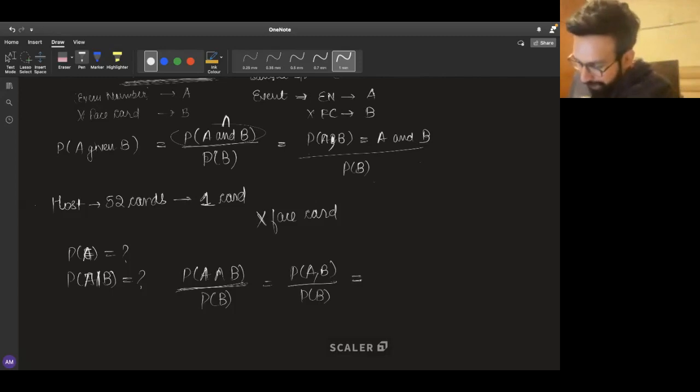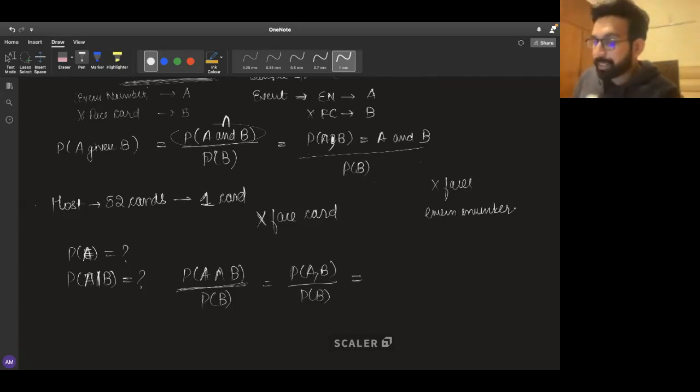So first, P(A and B). What is the probability that I see not a face card and an even number? Even number is what we were looking for. So how many even numbers are present in one suit? 5, right?